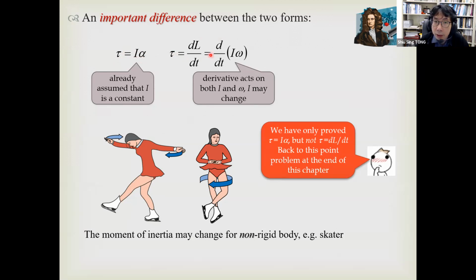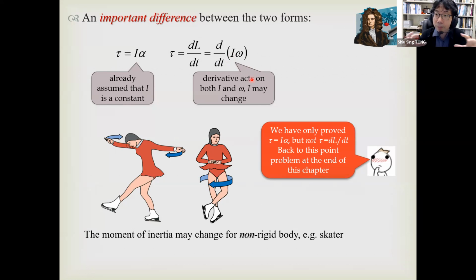The second form is tau equal to d/dt of I omega, or d/dt of the angular momentum L. Now you can see in the second form, which we have just arrived at, the derivative also acts on the moment of inertia, instead of just acting on the angular velocity. And we assumed that I is a constant, and so we put it inside the derivative. But that is not correct if the body is not a rigid body.